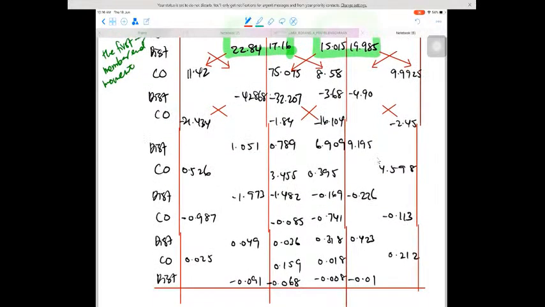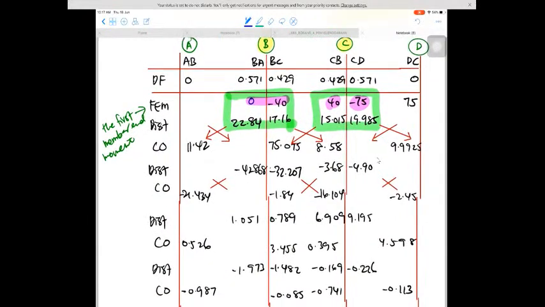So we get negative 10.45. So that is for AB. We will do the same for BA, BC, CB, CD, DC.